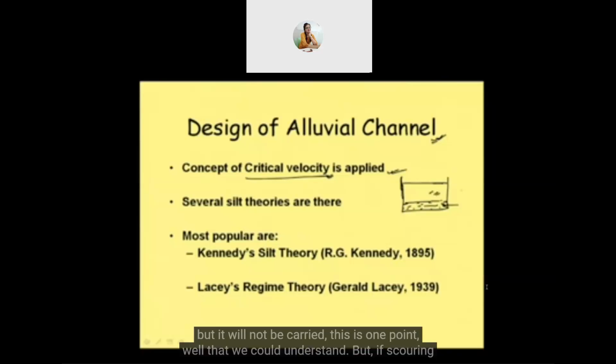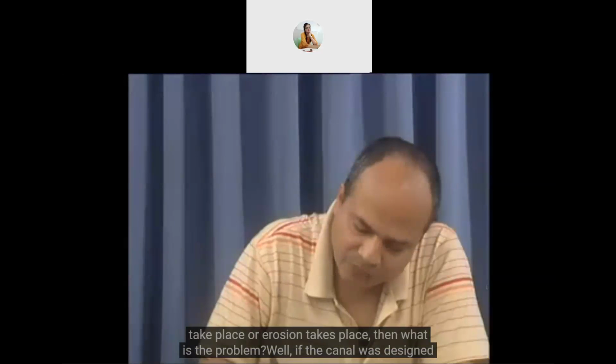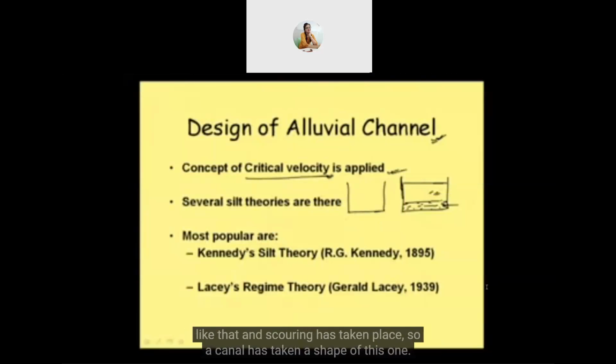But if scouring or erosion takes place, then what is the problem? Well, if the canal was designed like that and scouring has taken place, the canal has taken a shape of this one. Now, with a given discharge, earlier it was expected that the water will be flowing at this level.